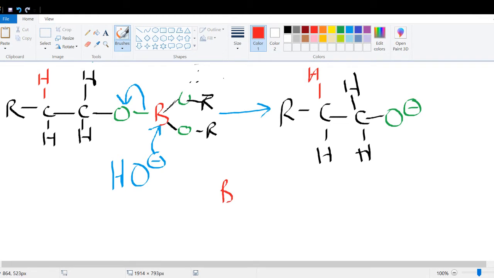I've got boron. This is going to happen 3 times like we've shown before. That boron is now going to have 3 OHs attached to it because that has the ability to happen 3 times. Okay. But now I've got this situation here where it's like, what do I do with that? Well, it's going to pick up a proton from the solution. You do have water in there.